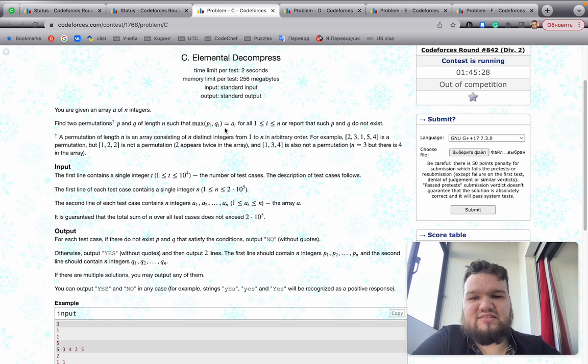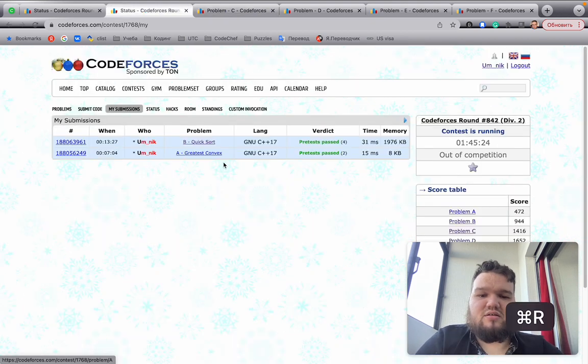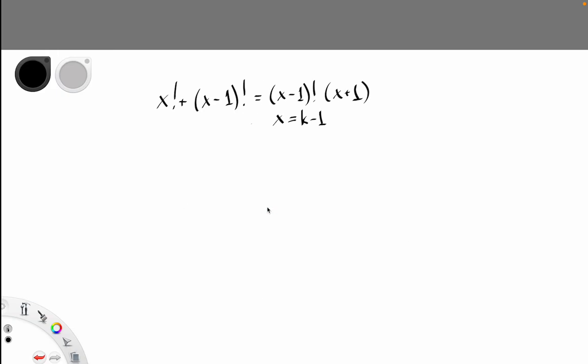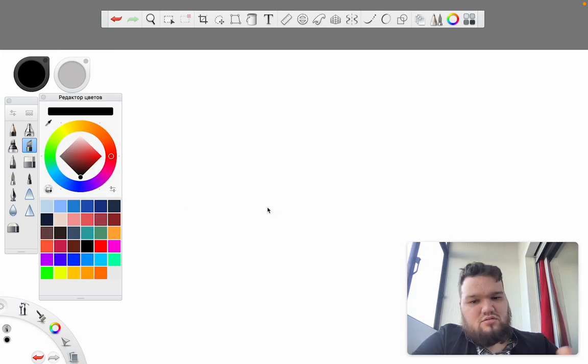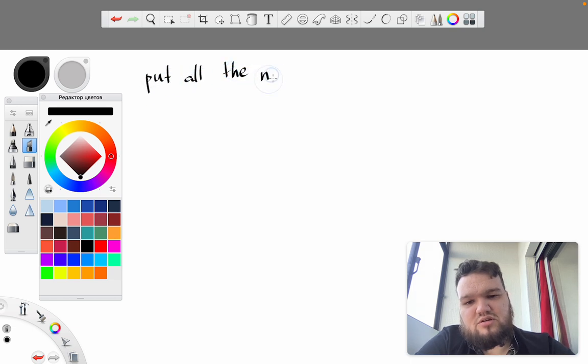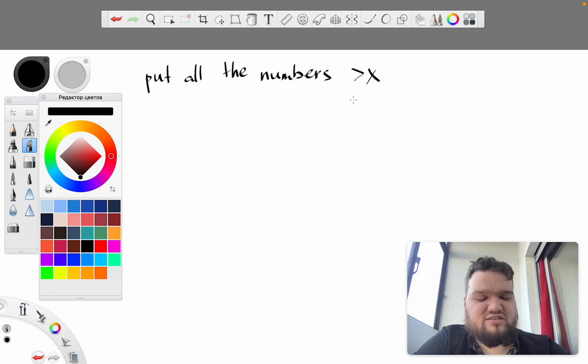So let's say that we have put all the numbers that are strictly greater than x, and now we want to put x. Which positions do we have in our permutations?